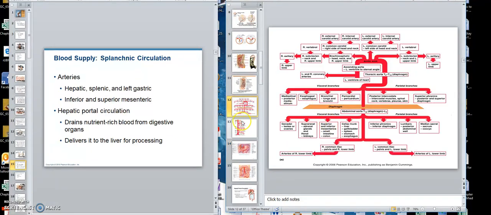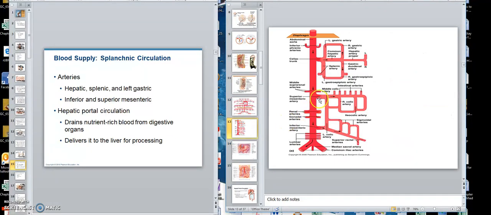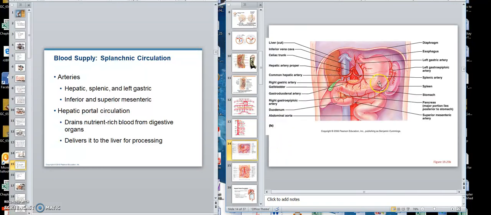Let's do the celiac trunk: common hepatic artery, splenic artery, and gastroduodenal artery, going to the stomach and the first part of the small intestine. I'm not asking you to learn all these circulations, just showing you the blood supply. Now that's the arterial blood supply.